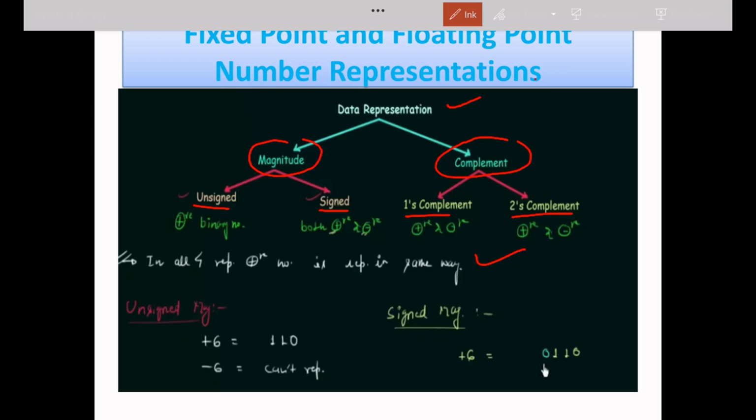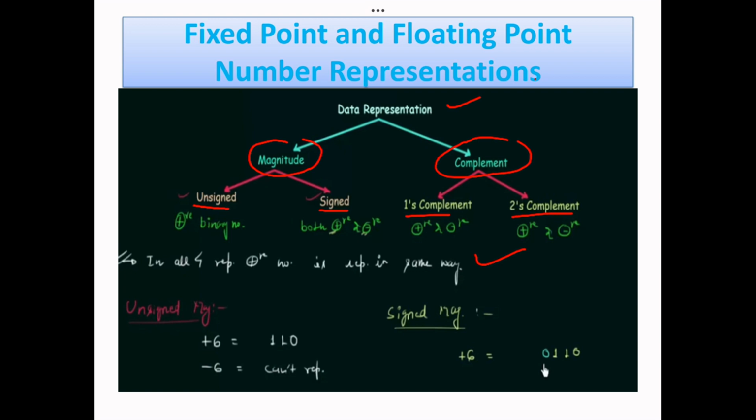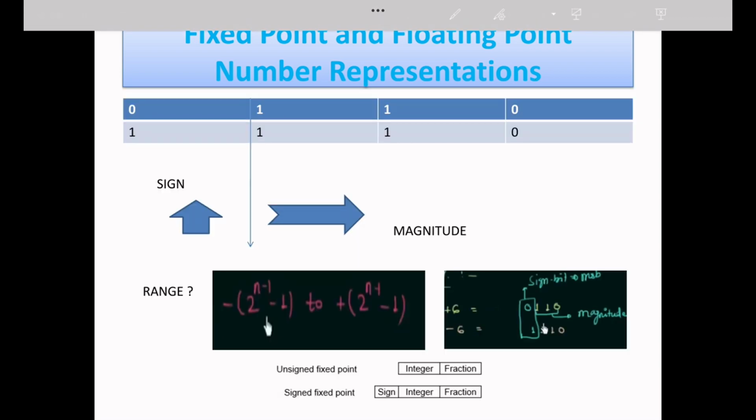Now we take one example, so you will easily understand what we want to say. Suppose you have a number. Positions 0, 1, 2: this is 2 to the power 0 in binary form, this is 2 to the power 1, and this is 2 to the power 2. 2 to the 2 is 4, plus 2 is 6.